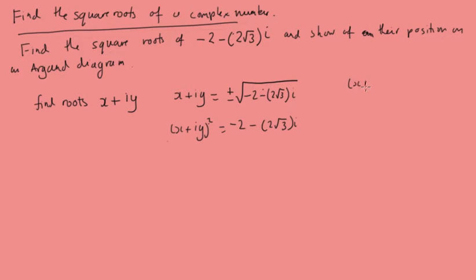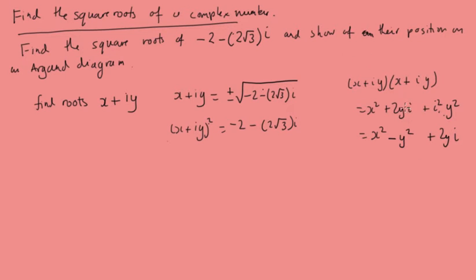So we'll do x plus iy, x plus iy, which will give us x squared plus xyi plus i squared y squared. But i squared is going to be -1, so it's going to be x squared minus y squared plus 2xyi.